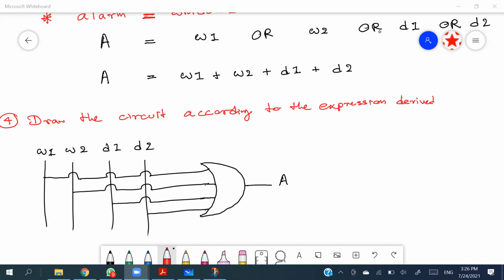Is there anyone still writing this? All right.